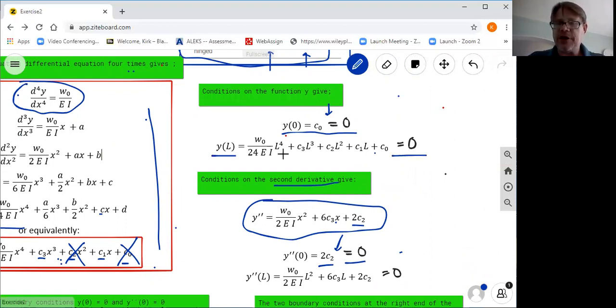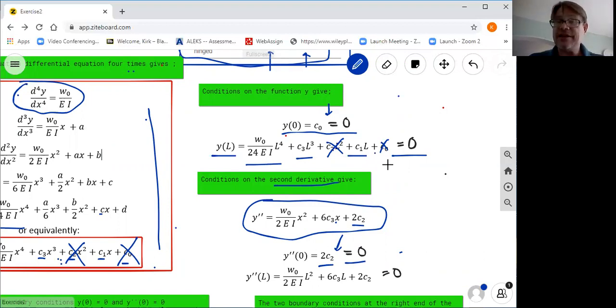Now I've got the expression right here for the function evaluated at L, but we could actually eliminate two of these terms, the C sub 0 term and the C sub 2 term, because we know that those constants have a value of 0. So y of L equal to 0 tells me that this expression plus this expression plus this expression equals 0.